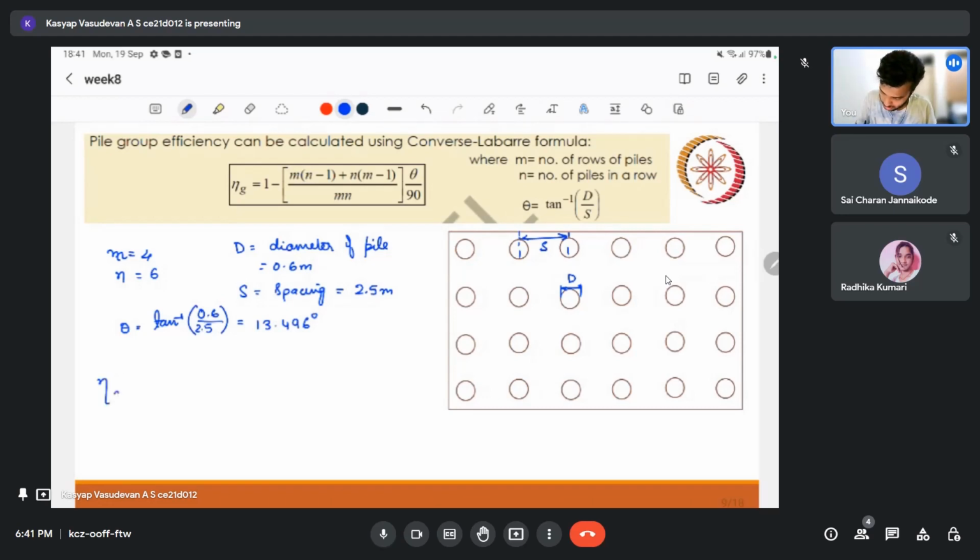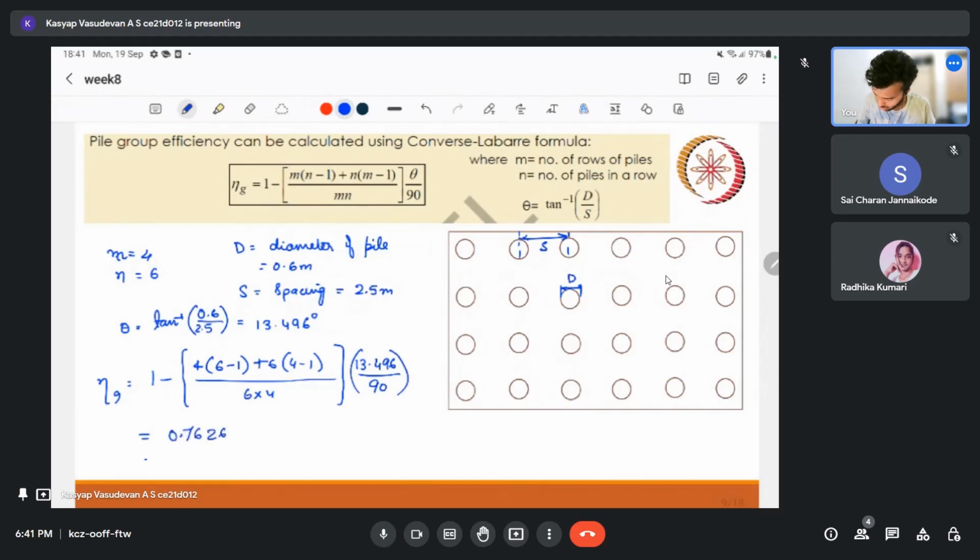So I can write it directly. Group efficiency is equal to 1 minus, we'll open the bracket, 4 into 6 minus 1 plus 6 into 4 minus 1, divided by 6 into 4, into 13.496 divided by 90. Okay, so this turns out to be 0.7626, that is 76.26%.